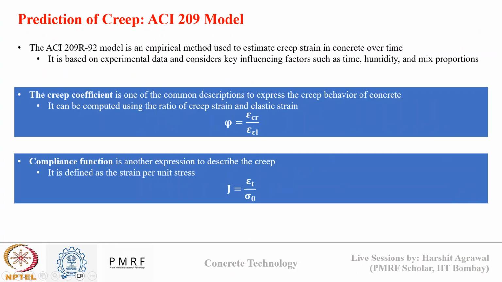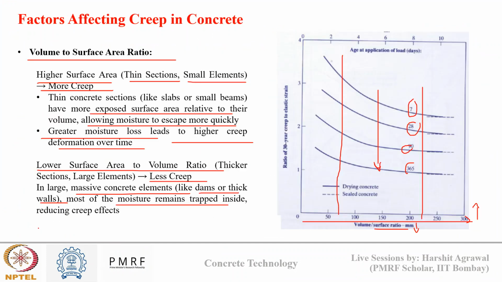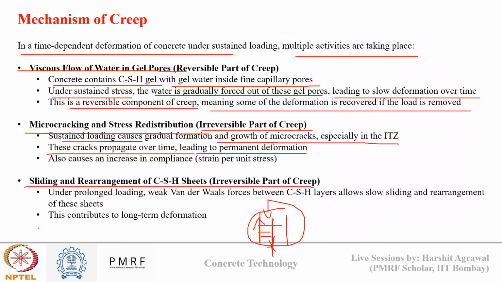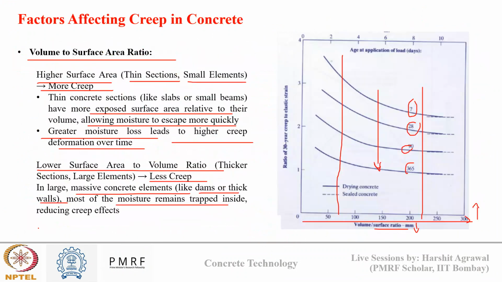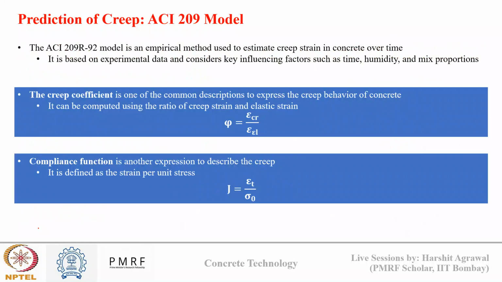Next thing is how we can predict or measure creep. Till now we have talked about what creep is, how creep deformation occurs, and how different factors affect creep in concrete. But how do we measure creep in concrete? First we'll look at prediction of creep.